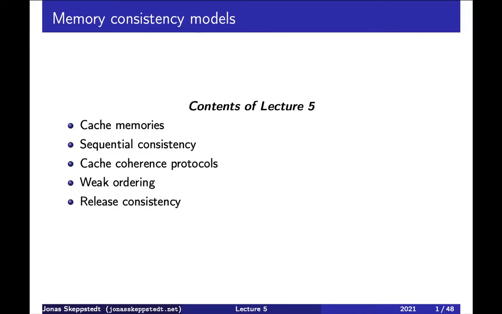After cache memories, I will explain the most simple memory consistency model, sequential consistency. I will not explain it in this video, but in a later one, and then explain how the hardware can implement this memory consistency model so that the hardware behaves as it should, given the guarantees that the consistency model gives to the programmer.